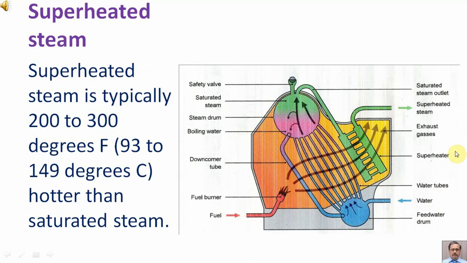Superheated steam is typically 200 to 300 degrees Fahrenheit or 93 to 149 degrees centigrade hotter than saturated steam.